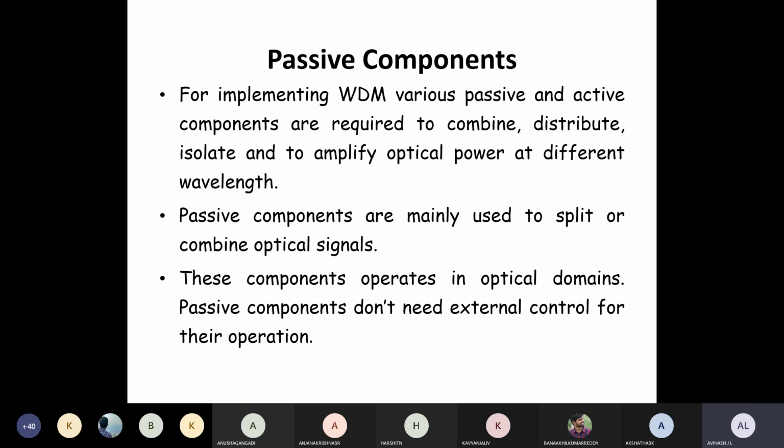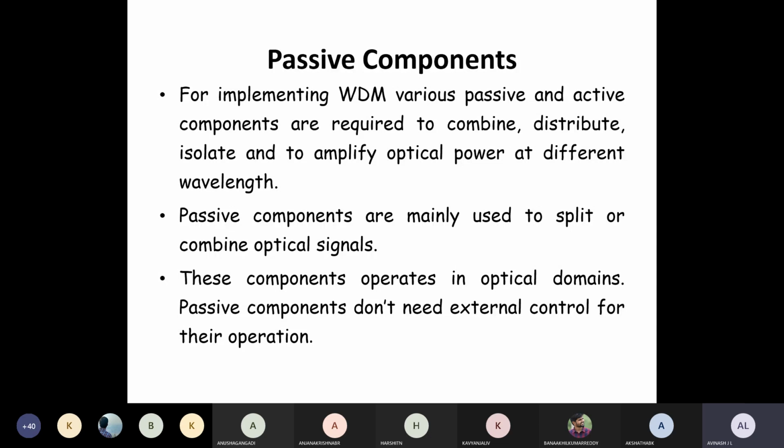For implementing WDM, various passive and active components are required to combine. Why do we require passive and active components? Basically, we require many components, in the categories of active and passive.